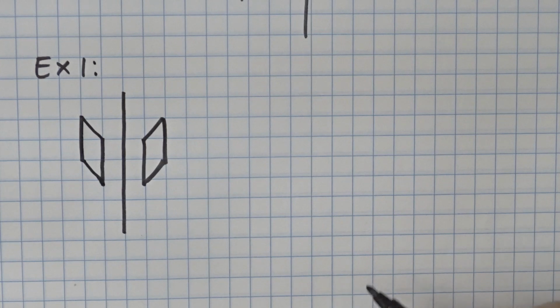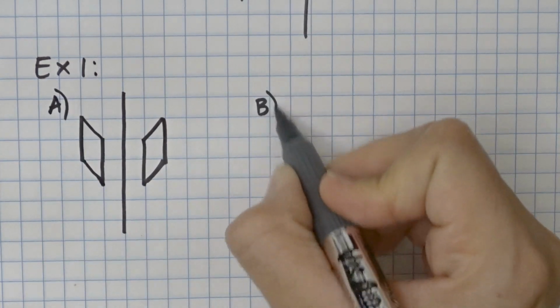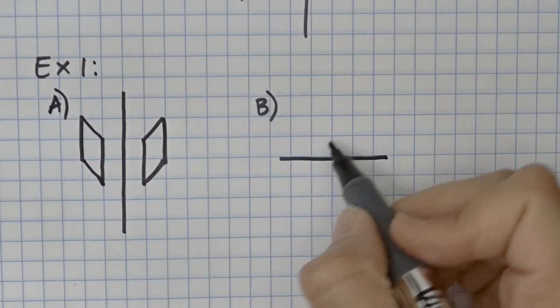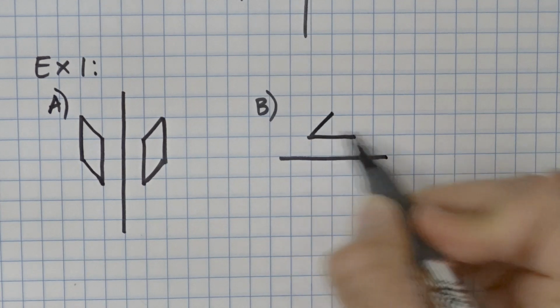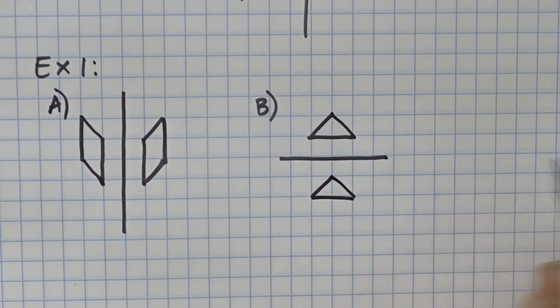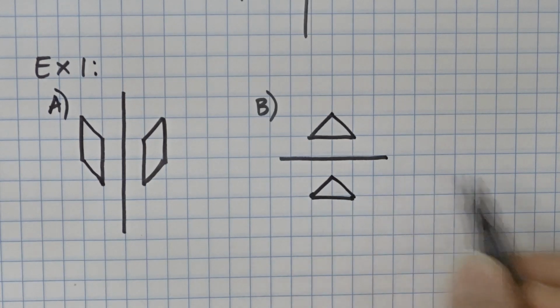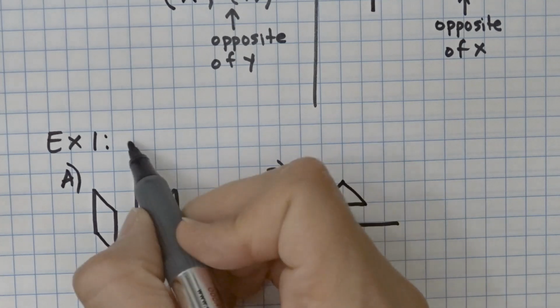All right, so that's one example. And the other example. And it says, are the figures a reflection of each other?